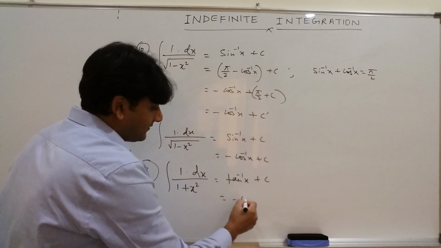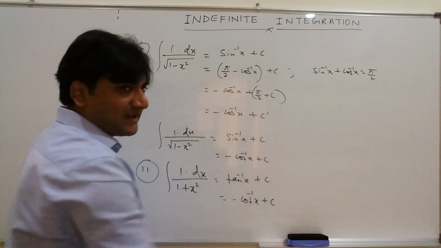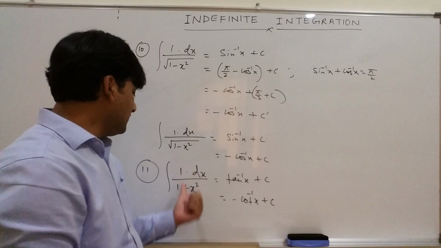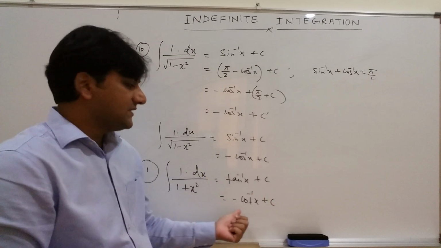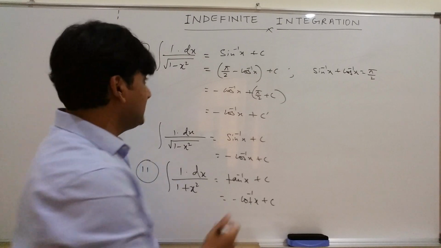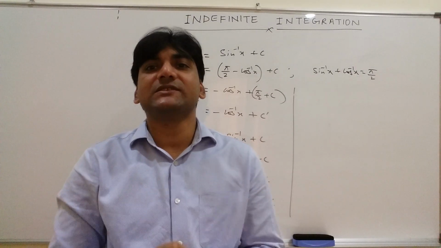So I can write minus cot inverse x plus c dash, which is again c. So the integral of 1 over 1 plus x square is tan inverse x plus c, or minus cot inverse x plus c.